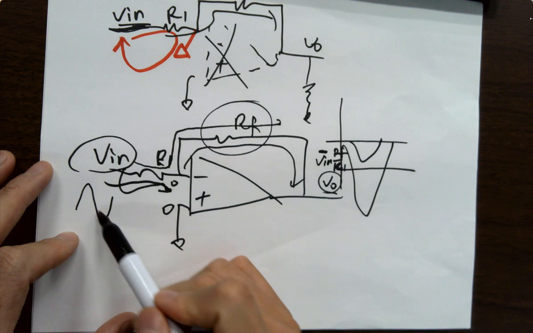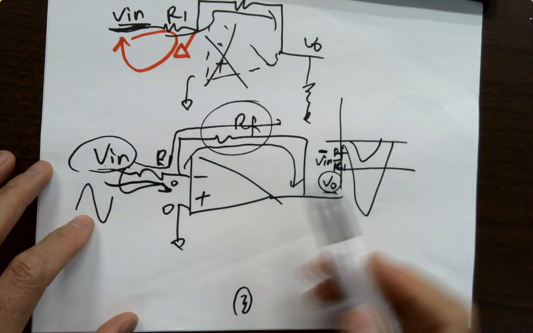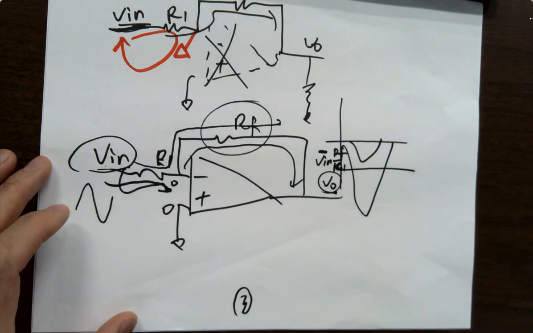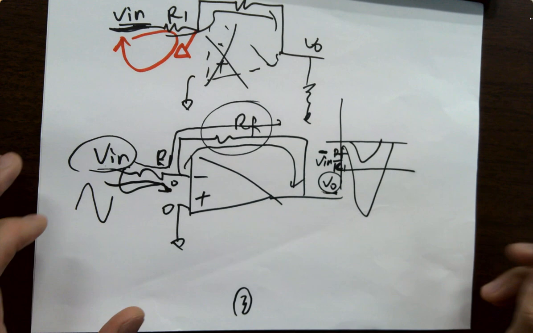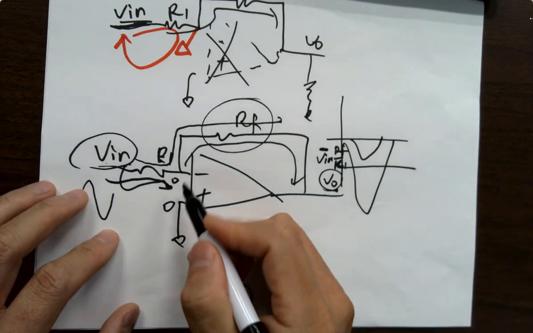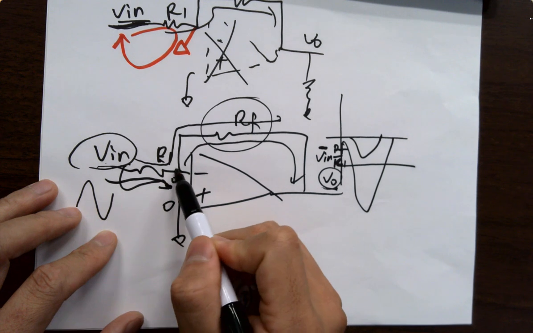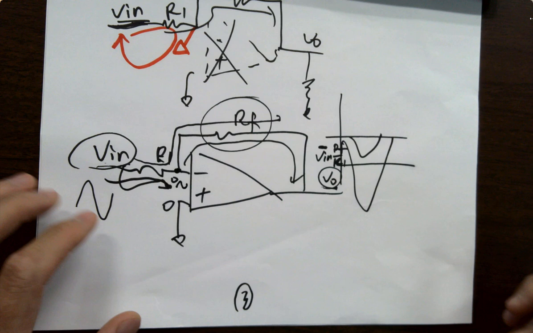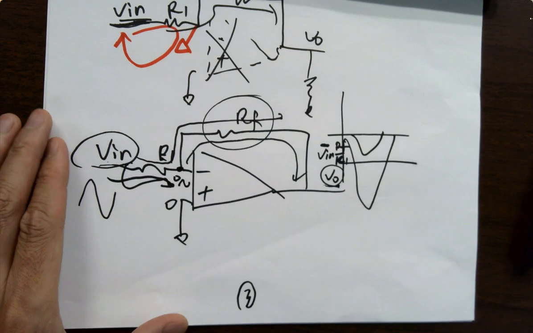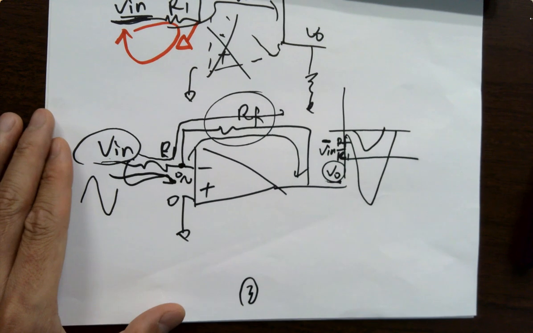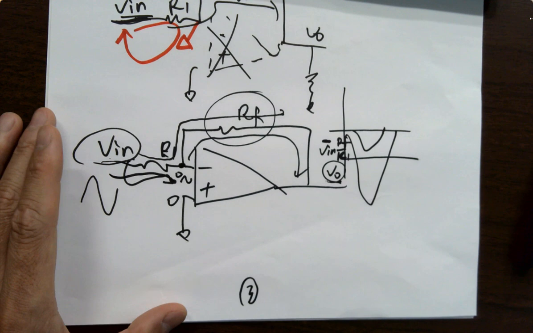I could inject a sine wave as V in, right? And eventually I get an amplified V out. Makes sense, right? That's why we want to use op-amps. So, if a sine wave is being injected in here, are you getting a little AC here as well, a sine wave, or no? Why? Keep that in mind. That's important.